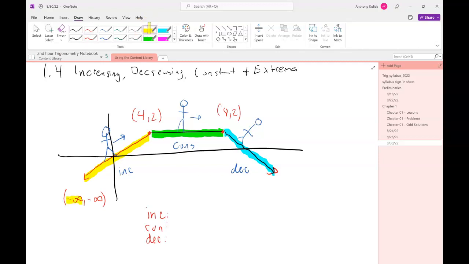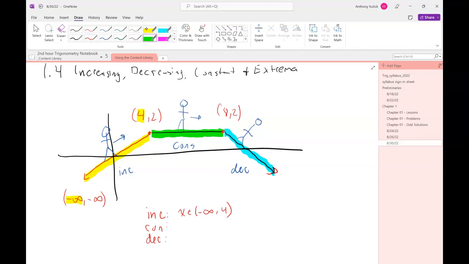So my interval for increasing goes from negative infinity to negative 4. And since these are x-coordinates, I'd write it that way. Everybody okay with that?